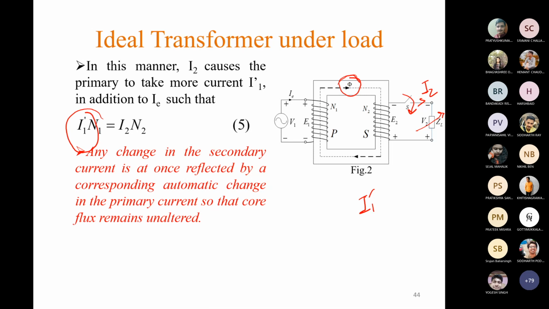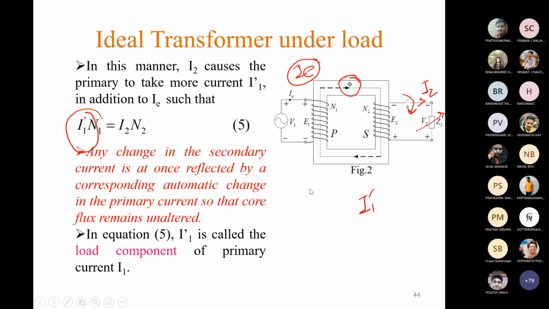So due to that change in secondary current, there will be only a change in the value of I1 dash, no change in IE value, this is fixed. But since I1 dash has changed, the total primary current will change. Is it clear? Yes, sir. Okay.